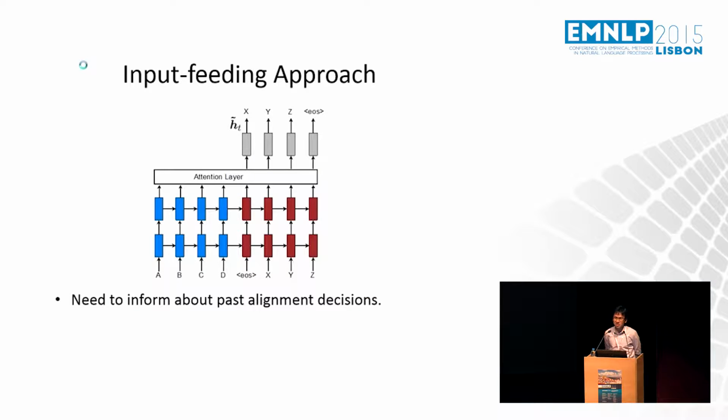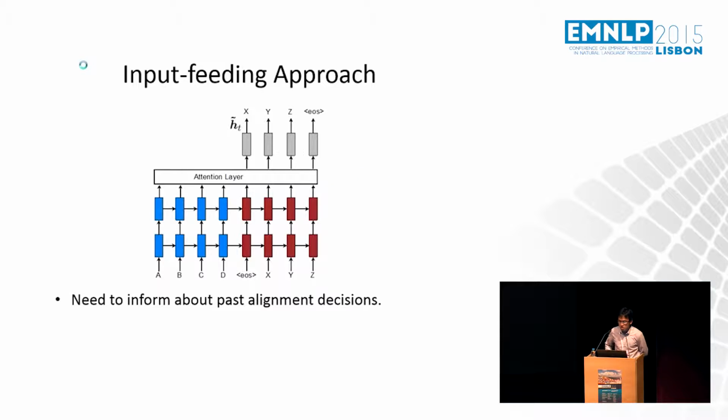So just one little thing at the end. If you look carefully at how we define our architectures, when we compute all of these attention vectors, they're actually independent of each other. So whatever decision we make at the previous time step, the next time step won't know about that, which is not so good, I think, because we know in machine translation, people often keep track of a coverage set to remember which word we have translated, which word we have aligned.